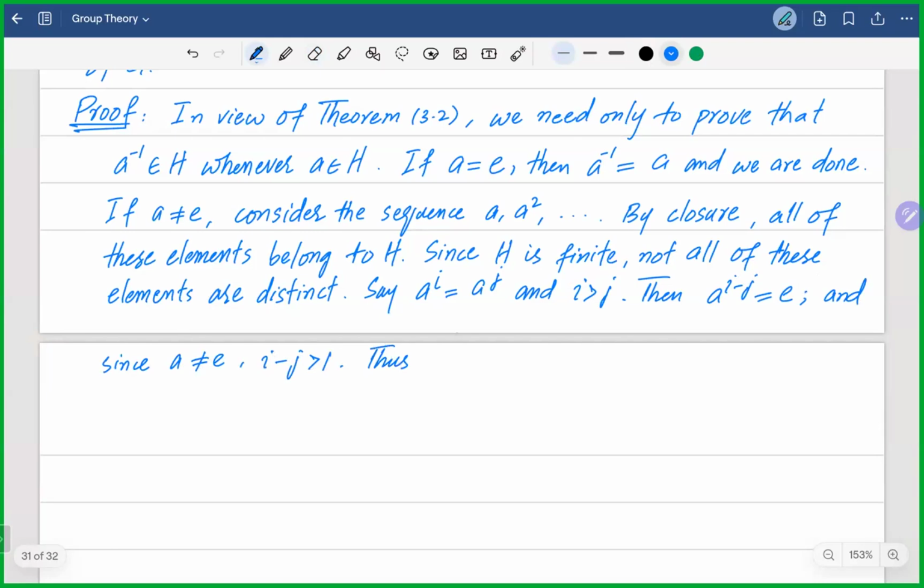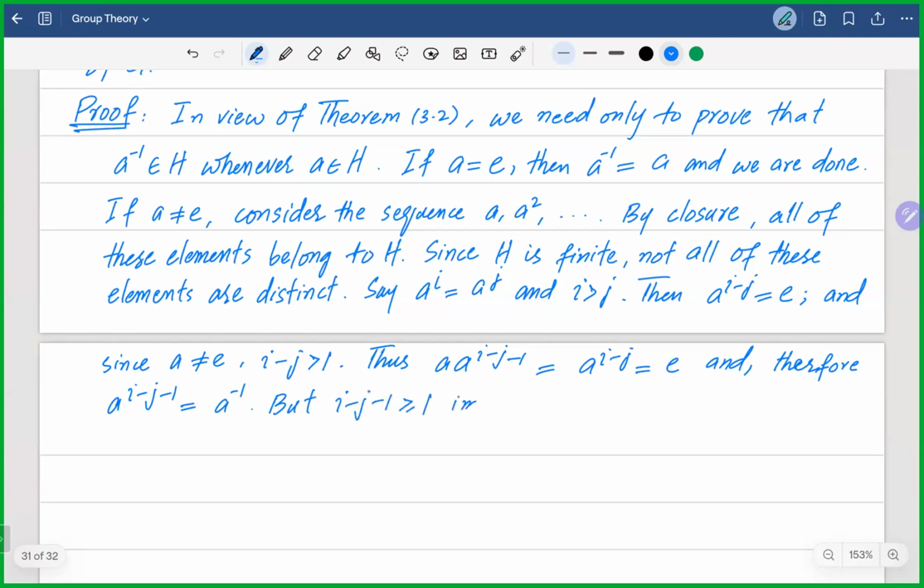Thus, A times A power i minus j minus 1 is A power i minus j, which is equal to e. Therefore, A power i minus j minus 1 equals A inverse. But i minus j minus 1 is greater than or equal to 1, which implies A power i minus j minus 1 is inside H. And we are done. We have proved that A inverse is in H.